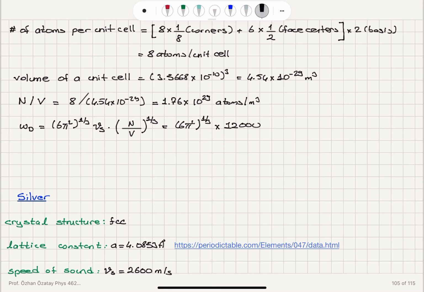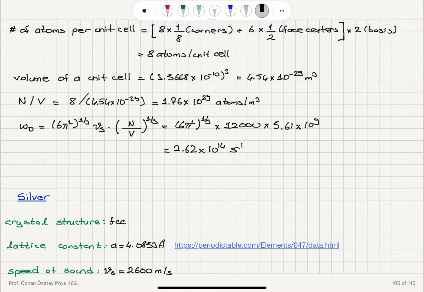And for the number density, we obtained 1.76 times 10 to the 29. If we take its power to the 1/3, we obtain 5.61 times 10 to the 9. So the number that we have here is 2.62 times 10 to the 14 radians per second.